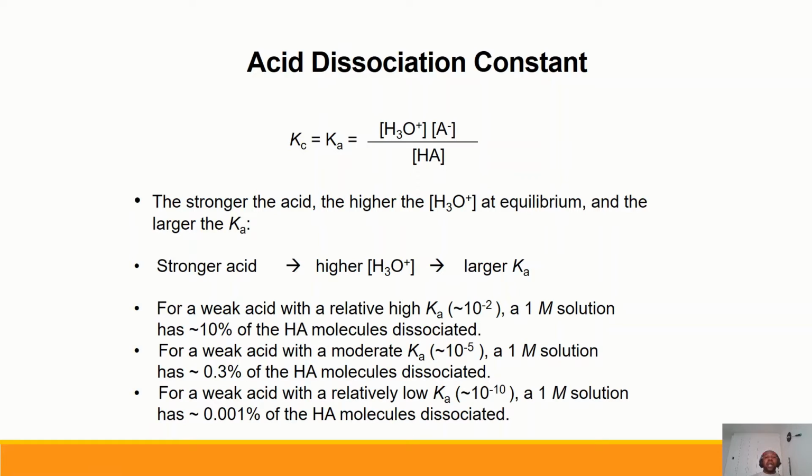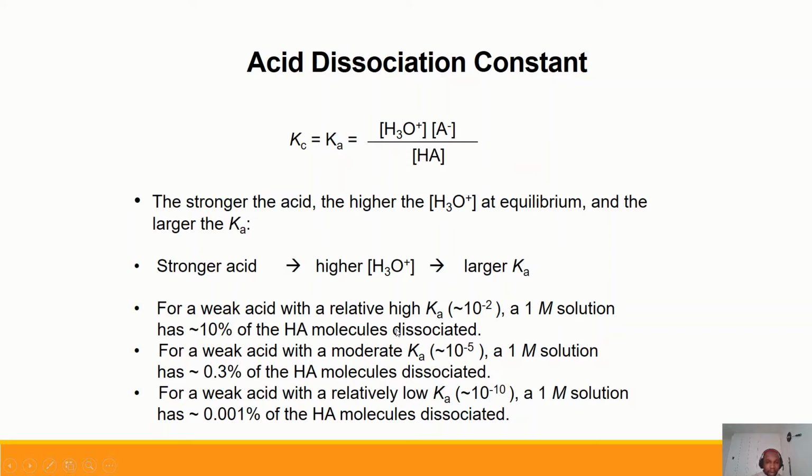The stronger the acid, the higher the hydronium ion concentration at equilibrium. A very strong acid gives you a lot of hydronium ion at equilibrium, and that means it's going to have a large Ka value. Ka is the dissociation constant value.